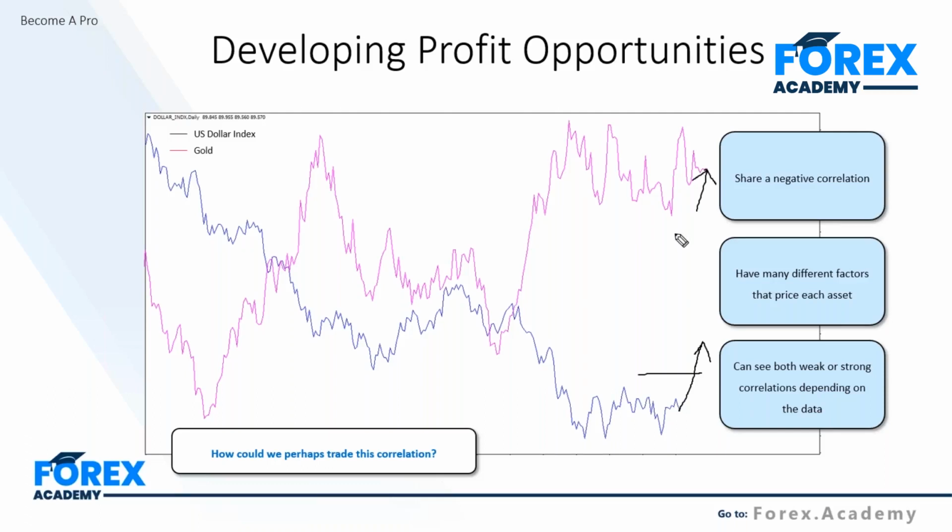So again, with this trade, you could look to take a very small trade in the gold market here, which would be in the same direction, so a small long trade, which is likely to be a loser, and then a very large long trade in your US dollar as well, given that you're going to see the US dollar rise, you're going to see gold trade to the downside.